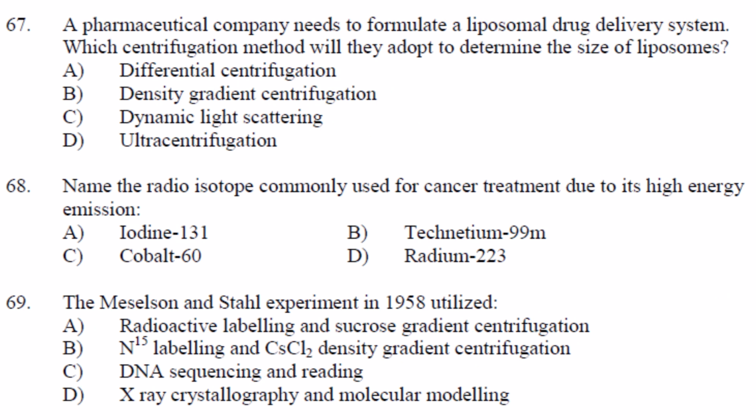Then a pharmaceutical company needs to formulate a liposomal drug delivery system. Which centrifugation method will you adopt to determine the size of the liposomes? Of course, it is going to be dynamic light scattering, and some of you will have a doubt with regard to ultracentrifugation. Yes, but it is not just simple ultracentrifugation that you have to use.